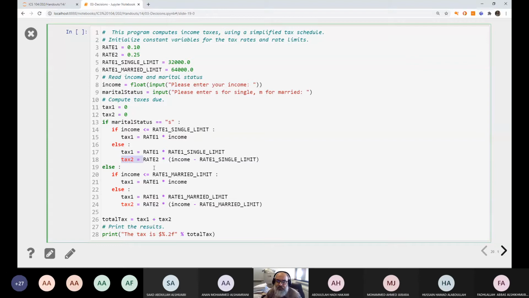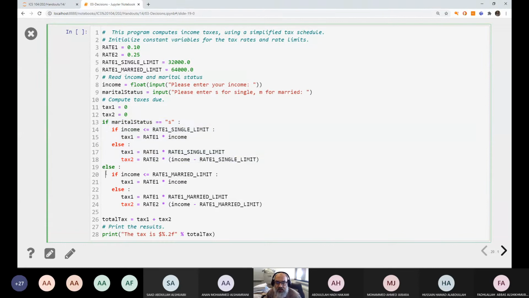Maybe if he put the whole tax in one line, which is basically rate 1 multiplied by rate 1 single limit plus the rest, maybe it would have been longer, but at least for me it seems more meaningful. Anyways, it's fine. So this is the case for single.